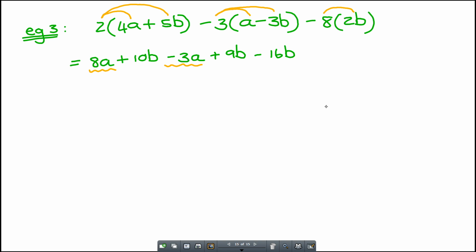And then there's no other a's, no? So 5a, then 10b plus 9b will give me 19, minus 16b will give me, ooh, Lulu. Okay, there we go.